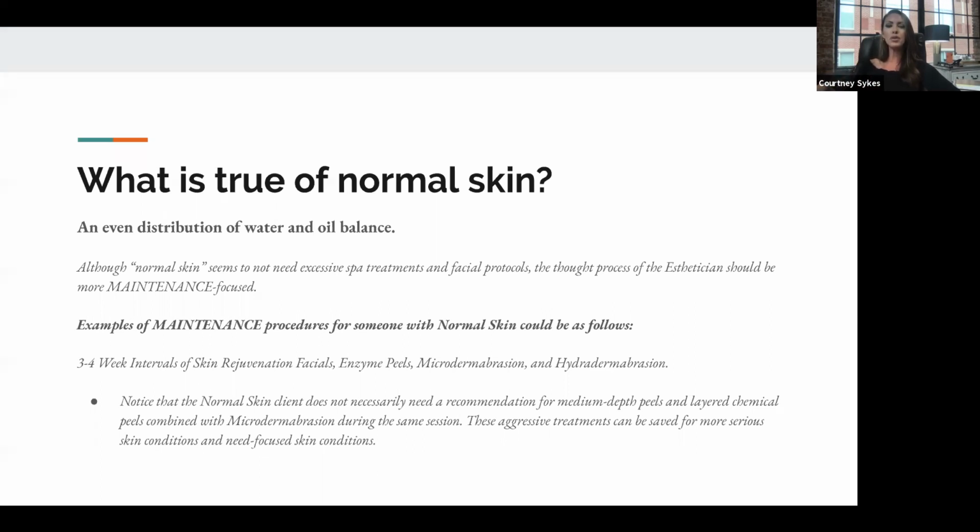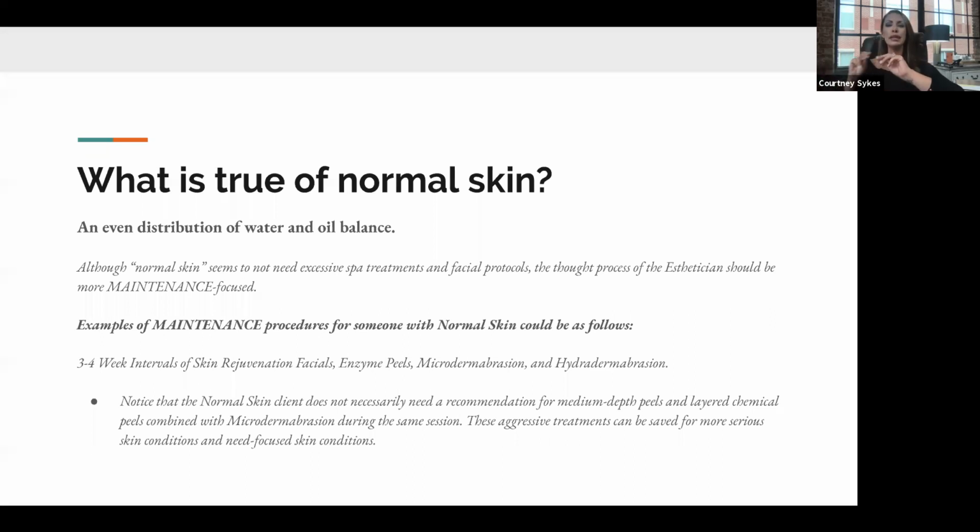Okay. So your example would be 3 to 4 week intervals of skin rejuvenation facials, enzyme peels, we'll talk about that momentarily, microdermabrasion, which sands everything down, and then hydrodermabrasion, which infuses hydration. Who doesn't need that? Everybody needs that. But listen up, if you had a question about enzyme peels, let me know, but this is the best way I can explain enzyme peels because every line known to man has some sort of an enzyme peel, right?